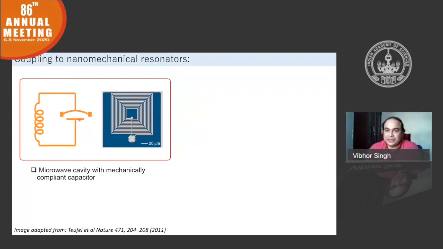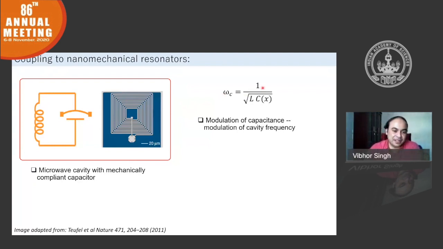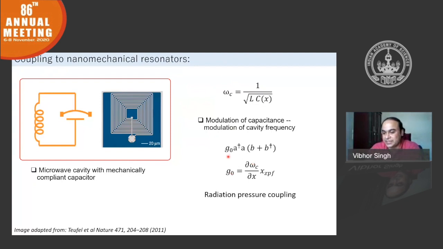Okay, so the resonant frequency of this circuit is given simply by 1 over square root of LC, but now we have a situation where the capacitance depends on the position of the top plate. So if this top plate vibrates, we will have a modulation of the resonant frequency of this electrical circuit. If you work it out, it turns out that the figure of merit, how strong the coupling between the microwave cavity and this micromechanical resonator is, is given by this quantity g naught, which is defined as the shift in the cavity frequency due to the zero-point motion of the mechanical resonator.